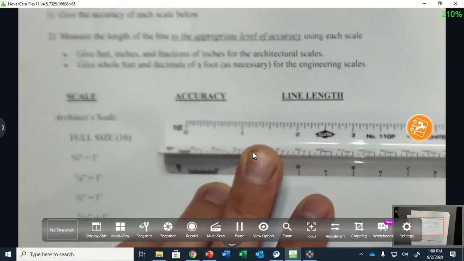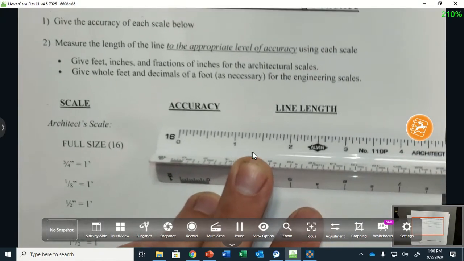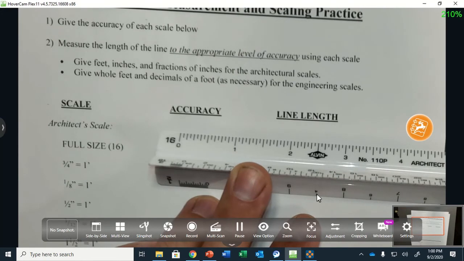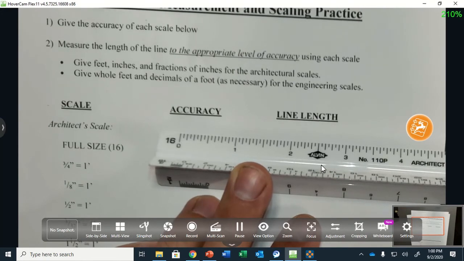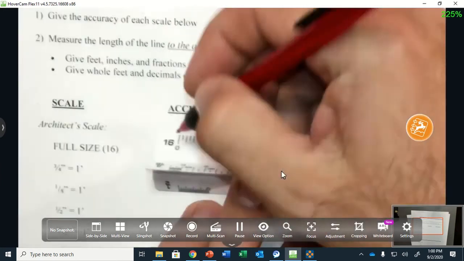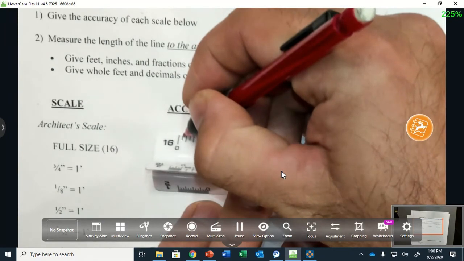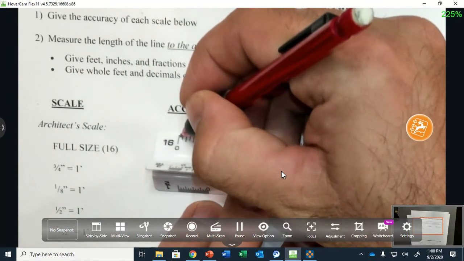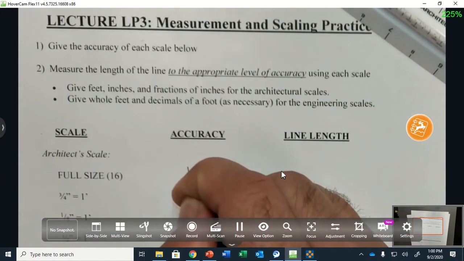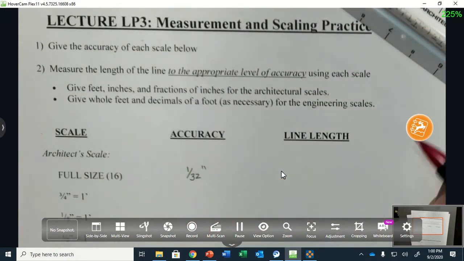There's 16 spaces, so each tick mark is 1/16 of an inch, because from here to here is 1 inch. If I fall in between, that means it's 1/32. So my accuracy is 1/32 of an inch.